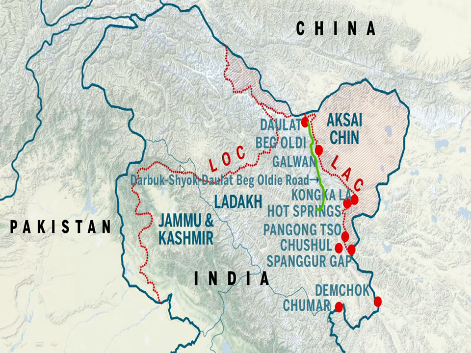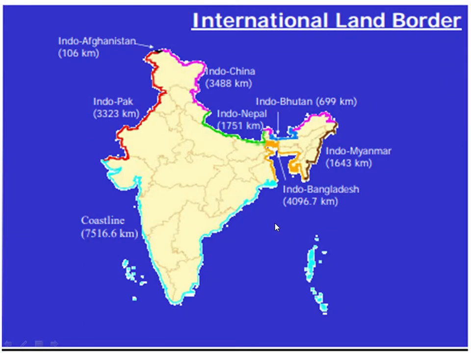You have to understand, Jammu and Kashmir was divided into two, Jammu and Kashmir and Ladakh. You see, a major portion of Ladakh was occupied by Pakistan as well as China, and Jammu and Kashmir was occupied fully by Pakistan. Clear? So this is India's land boundary.